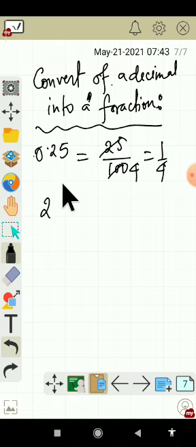When removing the point, that number of zeros will come after 1.